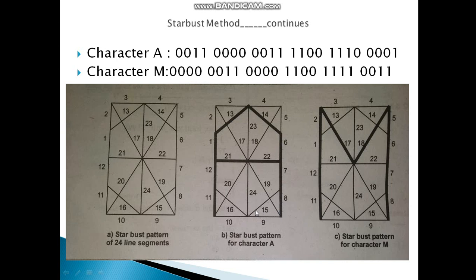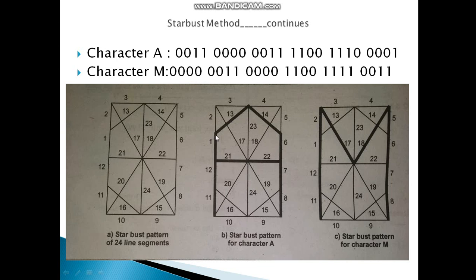Whichever line you want to display related to the character, you put the value as 1, and whichever is not part of the character, put the value as 0, and this is nothing but the starburst method. The highlighted portion of character A is put as code value 1, and line segments 2, 3, 4 and 5 are put as value 0.